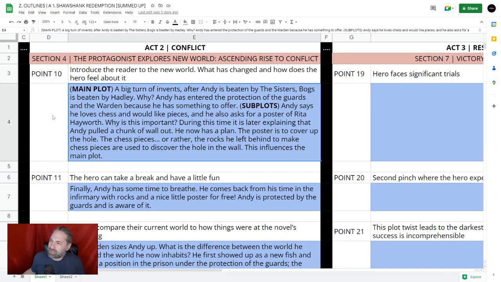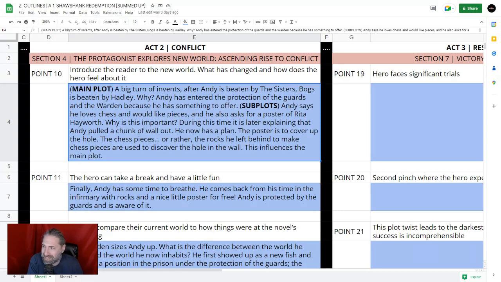So in Shawshank Redemption, the introduction to the new world is, as they say here, okay, a big turn of events. After Andy is beaten by the sisters, Boggs is beaten by Hadley. Why? Well, Andy has entered the protection of the guards and the warden because he has something to offer. So what's the new world so far?